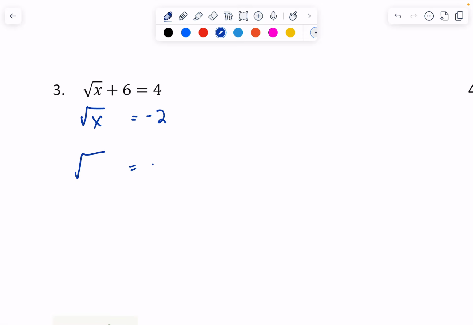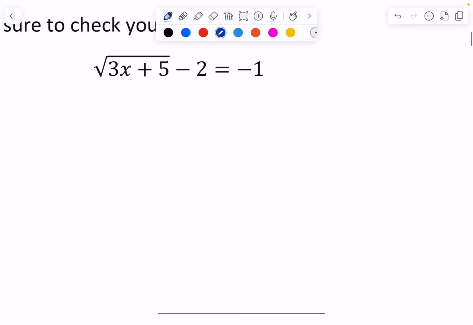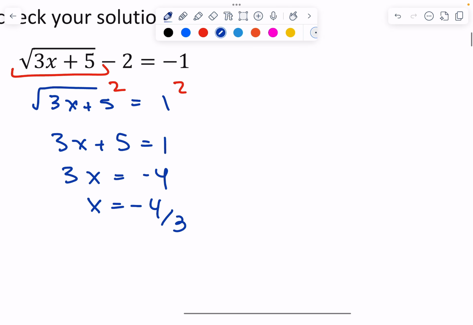Same thing, I want to solve and then check my solution. So start by isolating the radical, add 2 on both sides, square both sides, subtract by 5, divide by 3, check your answer.